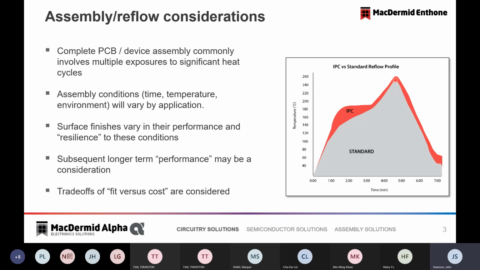Here we show a peak temperature. Something to consider is the peak temperature of the cycle. Something else to consider is the whole profile of temperature. This IPC cycle is a little bit more aggressive, with this red area here that we show as a high shoulder with higher temperature. And this can be more aggressive and more challenging to the circuit board finish.